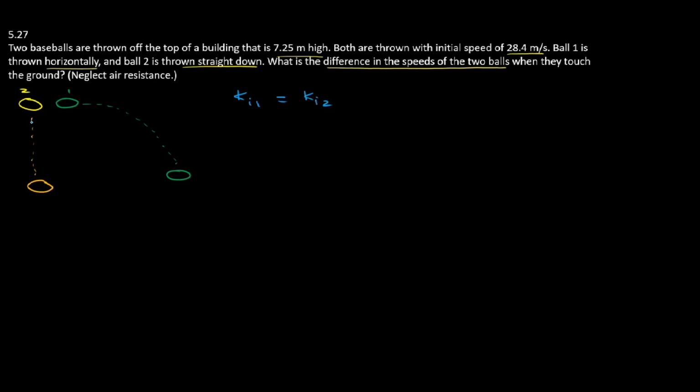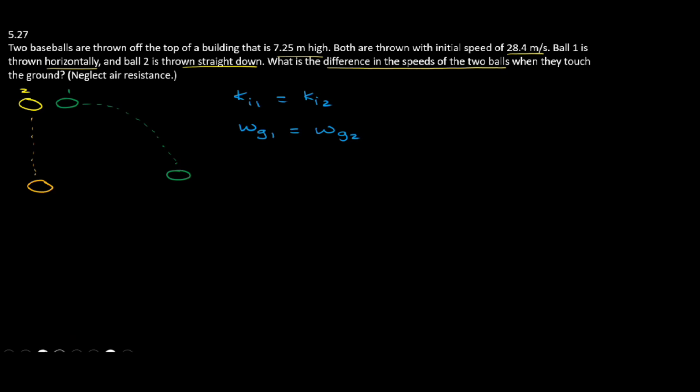And since they both cover the same vertical distance, work done by gravitational force on both balls has to be equal because they are thrown from the same height. They cover the same vertical distance reaching the ground. So work done by gravity on ball 1 is equal to work done by gravity on ball 2.